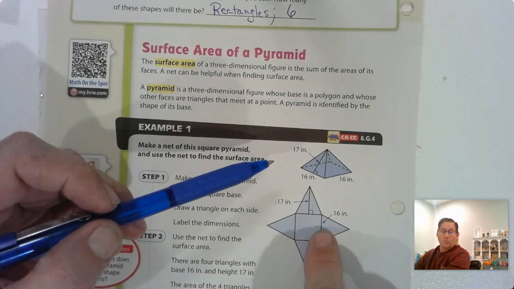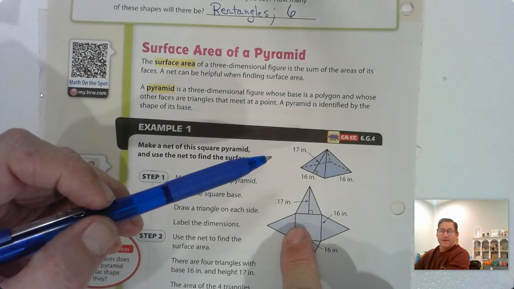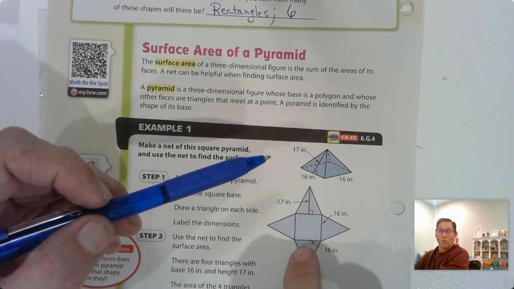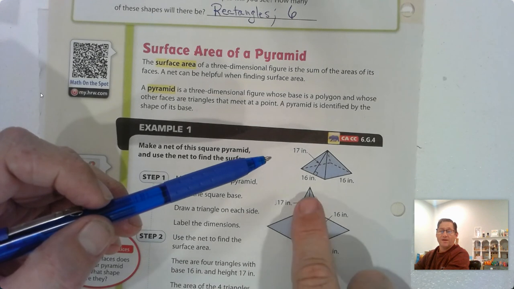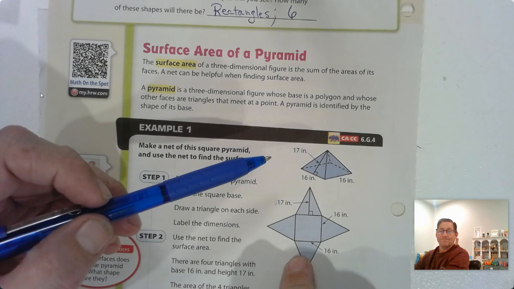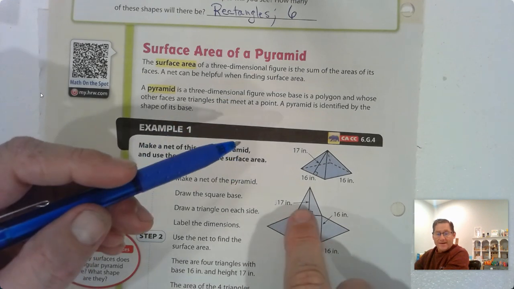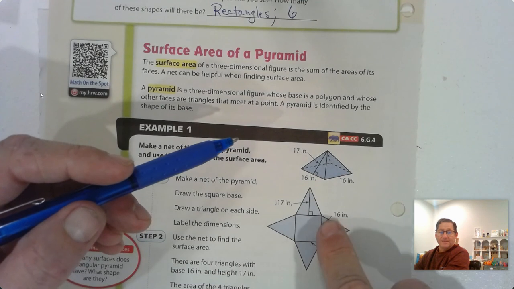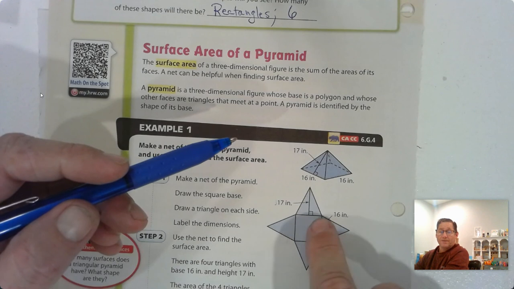So we see that it has a square base. And if it has a square base and we have 4 triangles going around it, we would call this a square pyramid. So I can find the area of the square here. I know that if this side's 16, this side has to be 16, because it's a square.